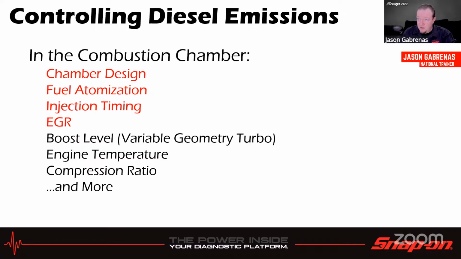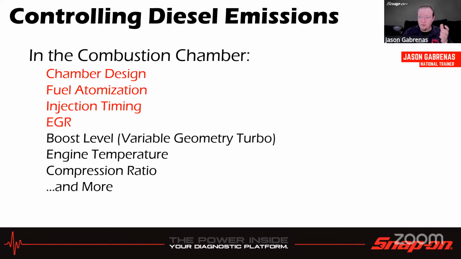Anyways, let's talk about controlling diesel emissions. There are many different ways that the manufacturer can control emissions via the combustion chamber design itself, how it atomizes the fuel and where it sprays the fuel, injection timing, EGR, things of that nature.